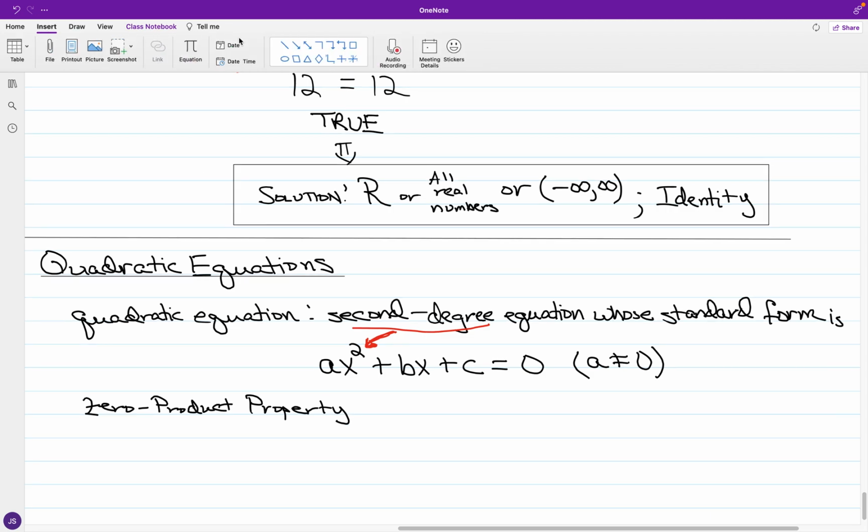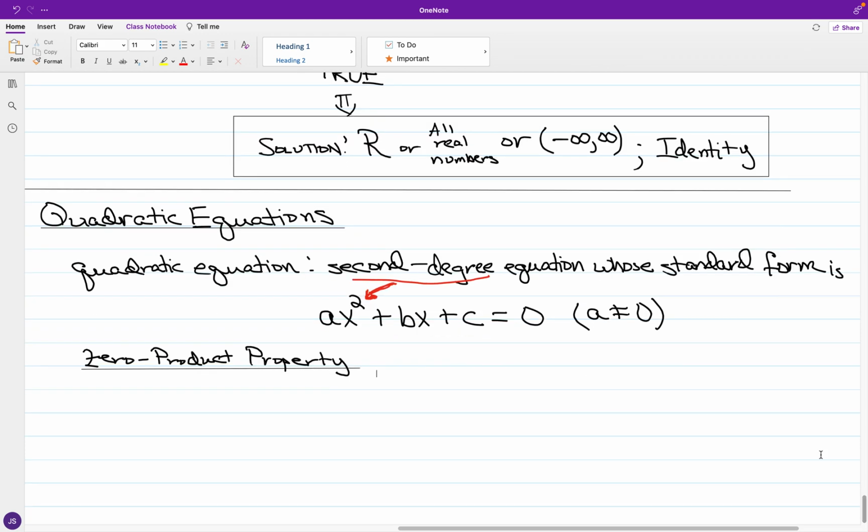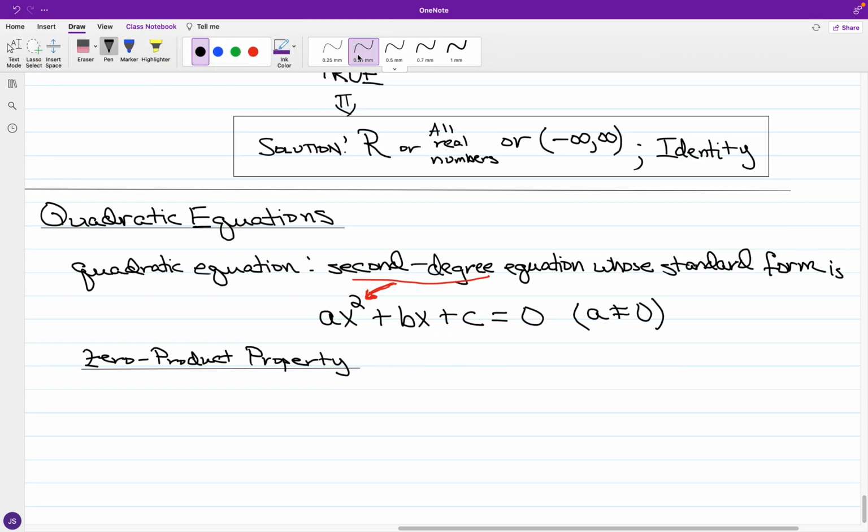And for the zero product property, this is not limited to just two terms, but the general case often presented in textbooks does have it as two terms a and b, where if the product of a and b is 0, so if a times b is equal to 0, then at least one of those terms must be 0.